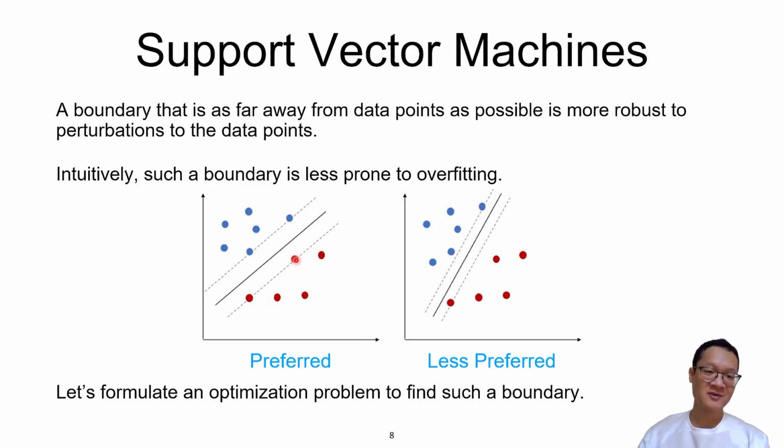Even if the other data points, those not closest to the line, shift slightly, the model will not change. The model is not sensitive to that noise. That's the basic idea of support vector machines. We're going to turn that idea into an optimization problem.